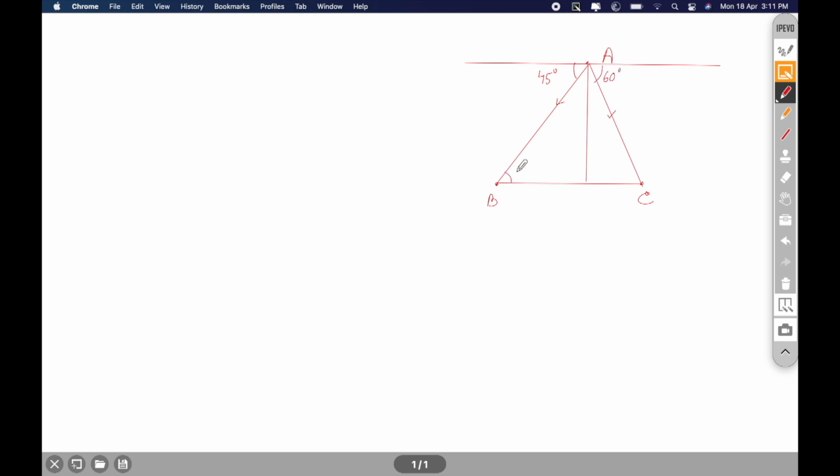Alternate angles in this diagram are these, and this length is 200 meters, suppose AD. So this is the altitude. Now we have to find the width of the river, that is to find BC.